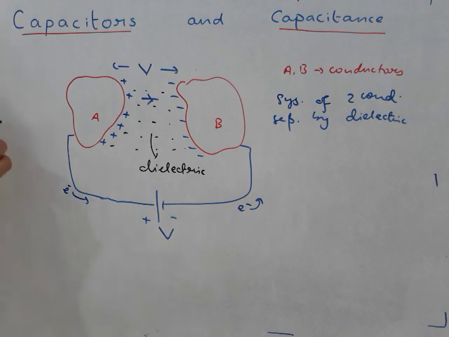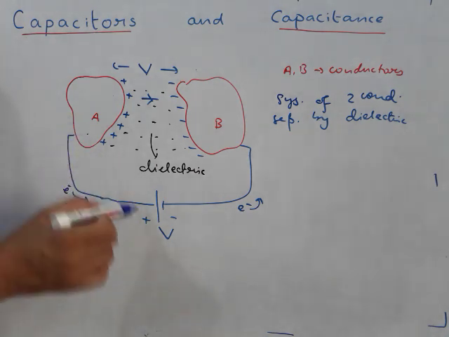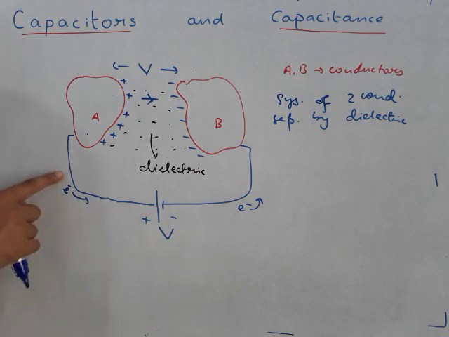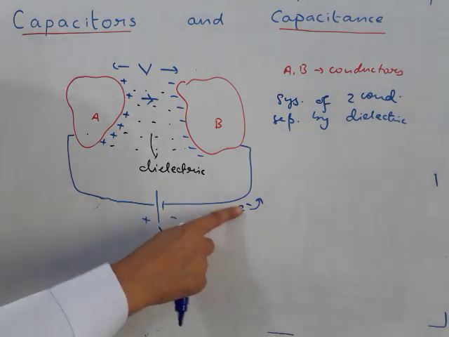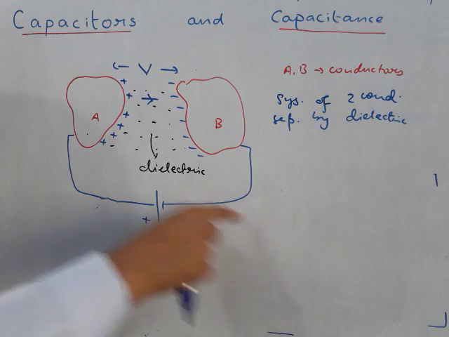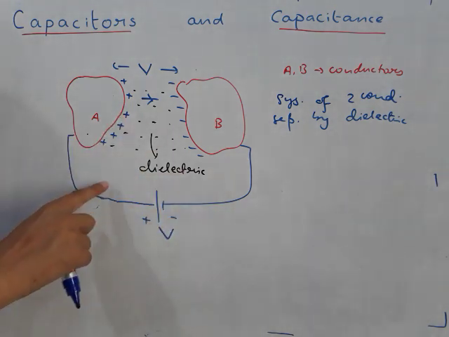Always remember that charge flows from higher potential to lower potential if it is positive, and lower potential to higher potential if it is negative. But if the two potentials are the same, charge cannot flow. Then the flow of electrons will stop and we will have a static situation like this. After that, we can disconnect the battery.